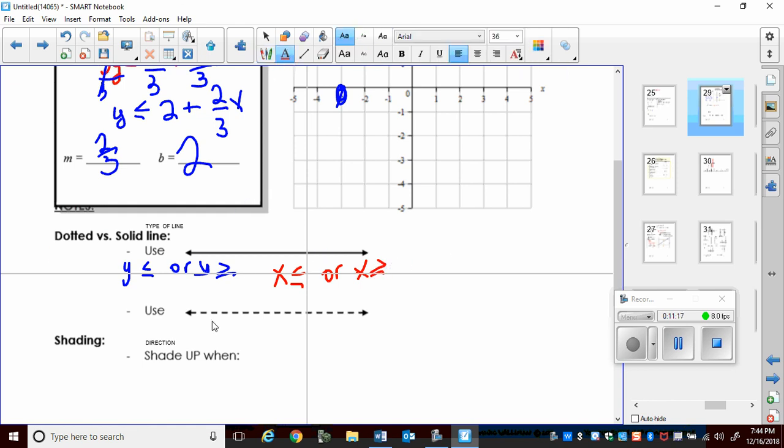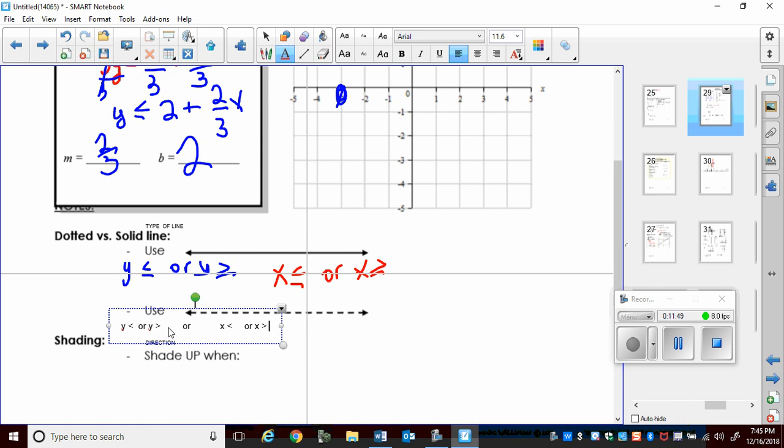On the other hand, let's say I have y is less than or y is greater than only, or let's say I have x is less than some number, or x is greater than only.